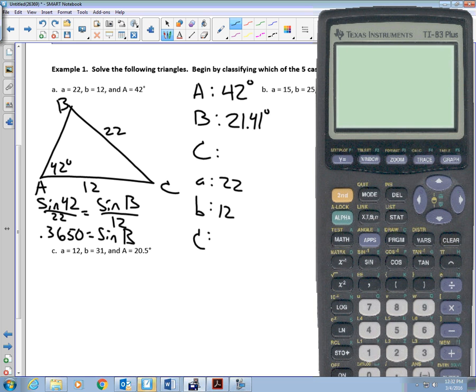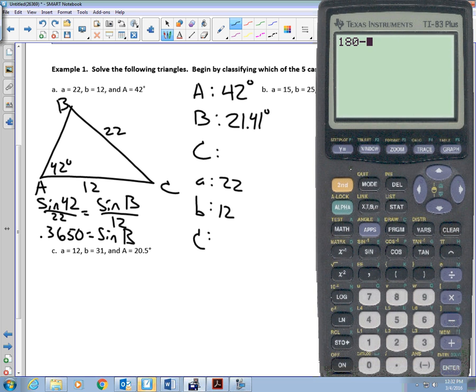Solve for C. So 180 minus 42 minus 21.41 is 116.59. I go second and then ANS, so it's a negative sign.